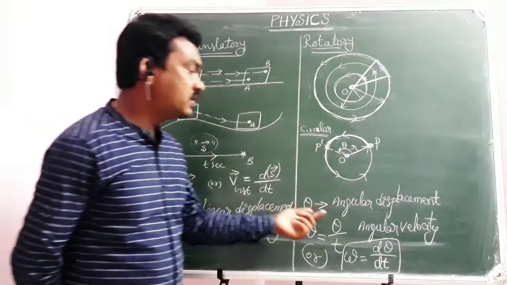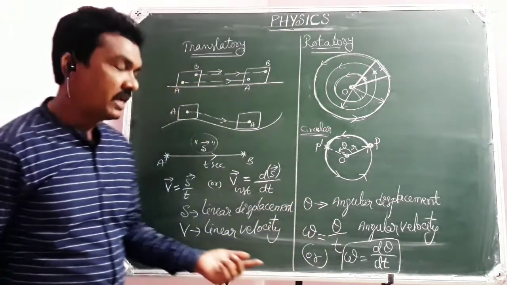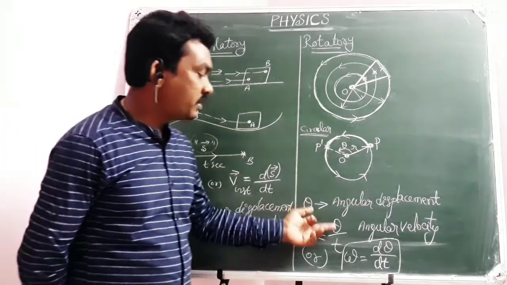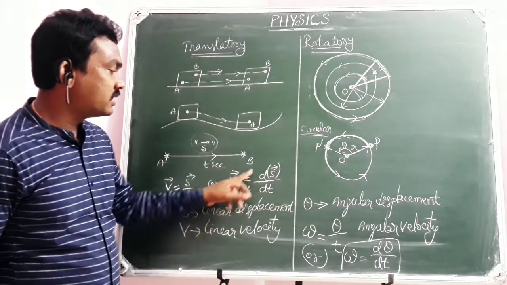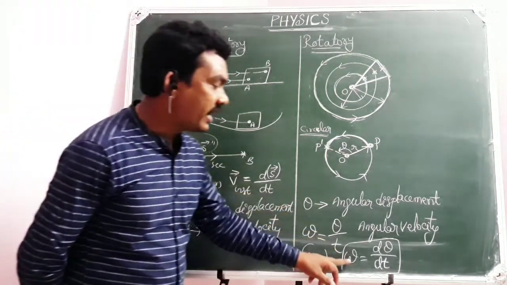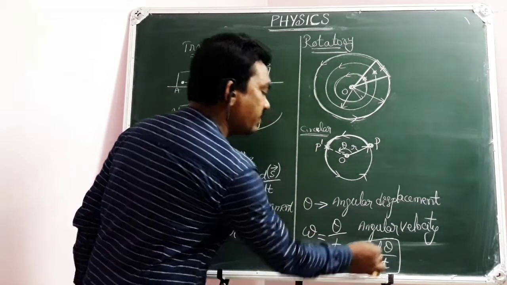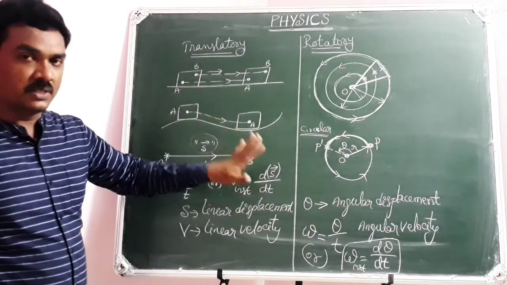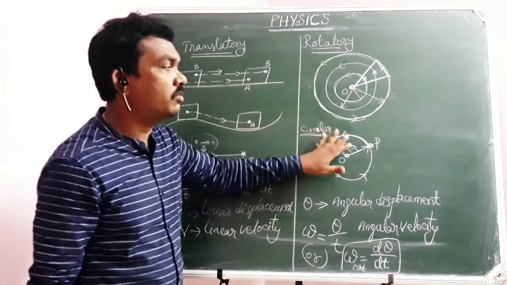Now here angular displacement per unit time will be angular velocity, like displacement per unit time is called linear velocity. Similarly, instantaneous velocity is ds by dt, so like that here instantaneous angular velocity is d theta by dt. This is a little comparison between translatory motion and rotatory motion.